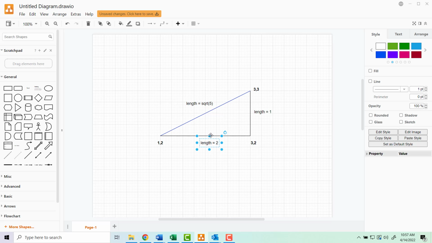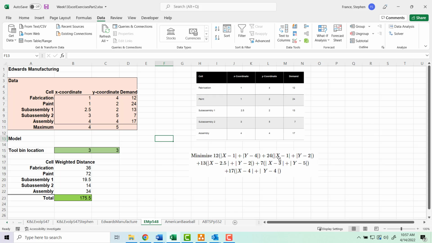But here it's just 2 and 1 is 3. So again, imagine that our tool bin was at 3, 3. 3 minus 1 is 2. 3 minus 2 is 1. Total distance is 3.